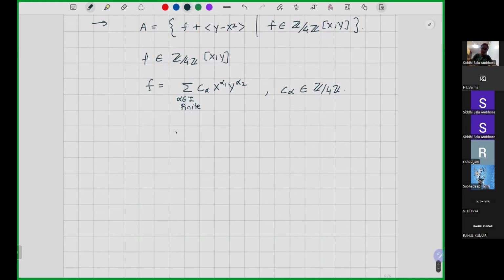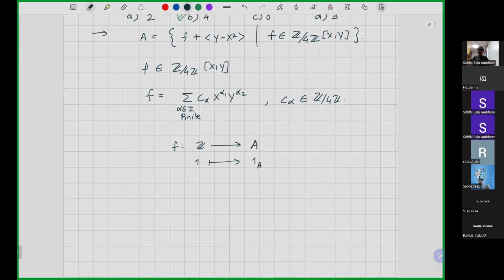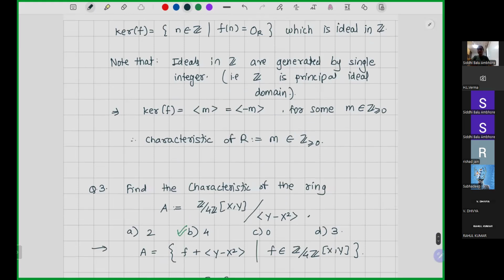We take f from Z to this ring A, such that 1 goes to 1 in this ring A. Note that when we write this, kernel f is generated by some m element. This m is also the smallest positive integer belonging to this ideal, when this m is non-zero.